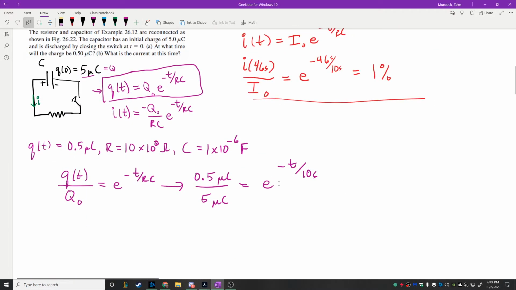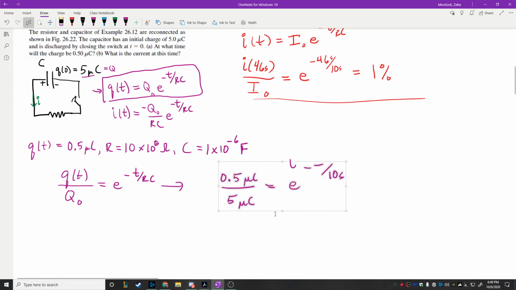What do we need to do to solve this equation? Take a natural log, that's right. So we'll take the natural log of both sides. On the right-hand side, we'll annihilate the e, and you'll have negative t divided by 10 seconds, which is equal to the natural log of 0.5 over 5.